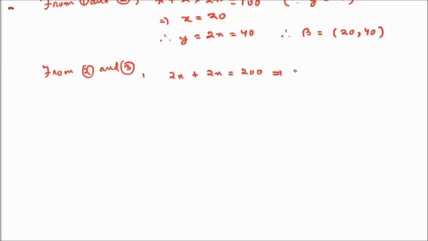So from here x will be 50, x is equal to 50. Therefore I can say y equal to 2 times x equal to 100. Therefore the coordinate of C will be 50, 100.